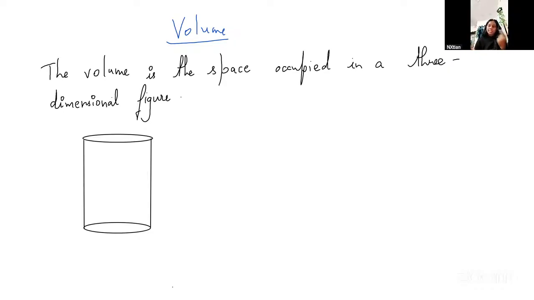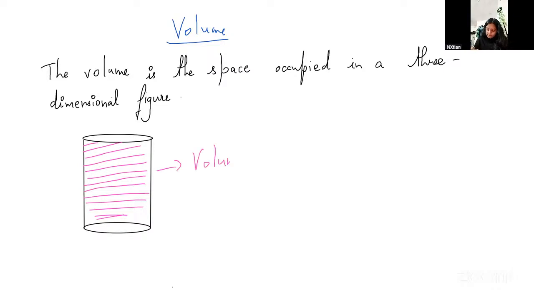It has a curved surface and two round upper and bottom parts. Now, all this space that is inside the cylinder is known as volume. Understood?